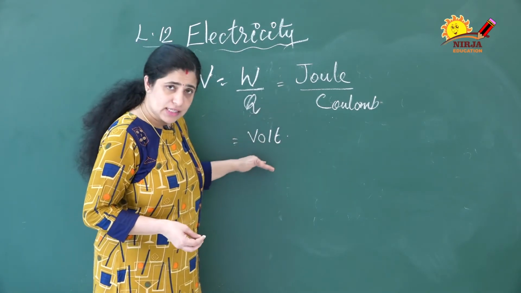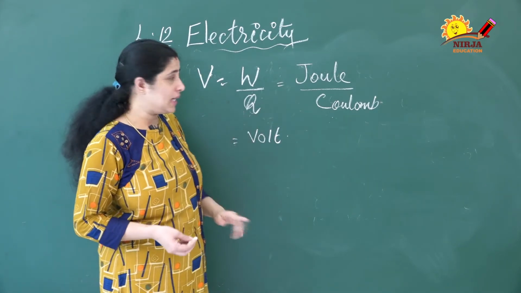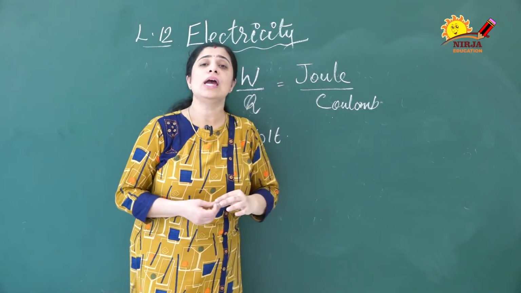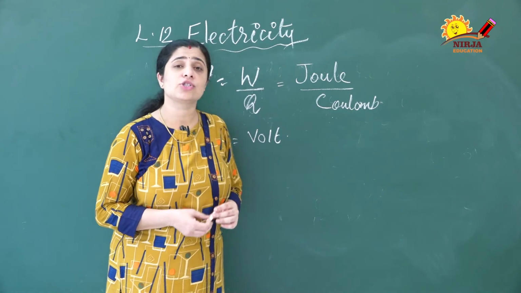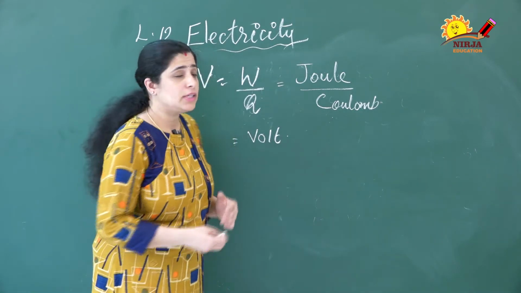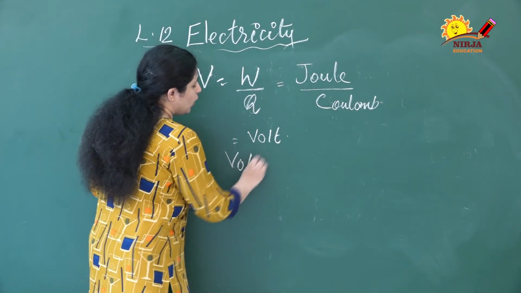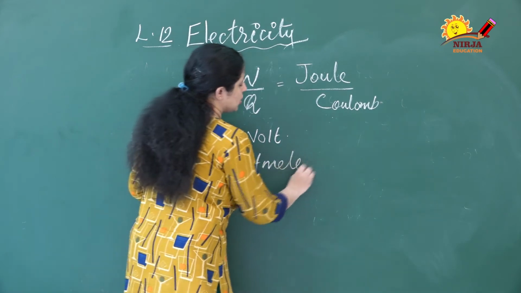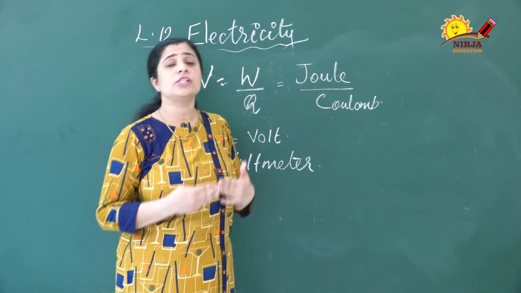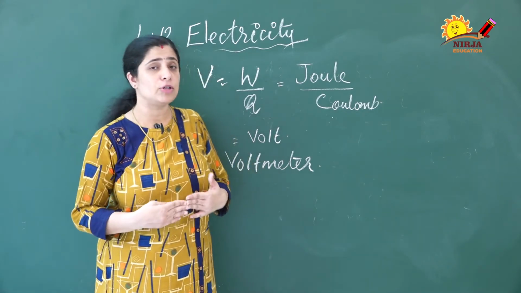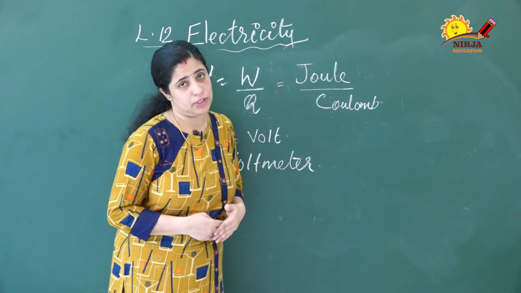Volt is the SI unit, and otherwise joule per coulomb is the SI unit. These two are the SI units of electric potential. And voltmeter is used to measure the potential difference between 2 points. Potential difference between 2 points can be measured using a voltmeter.